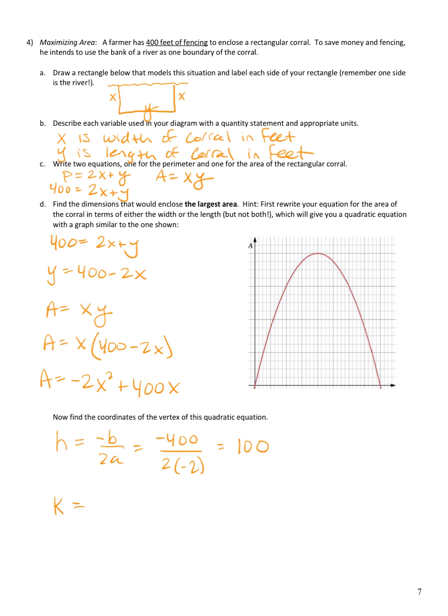And then k, the y-coordinate of the vertex, is the area when x is 100. So it's going to be negative 2 times 100 squared plus 400 times 100, which comes out to 20,000. So this is the vertex of my parabola. I know that its coordinates are 100, 20,000, and x represents width of the rectangle.